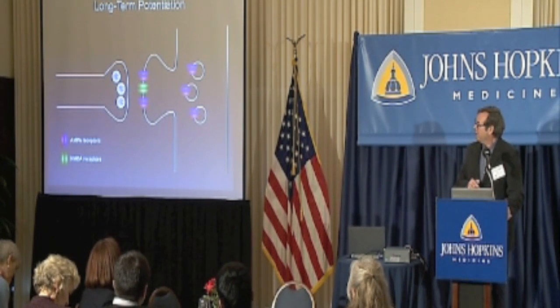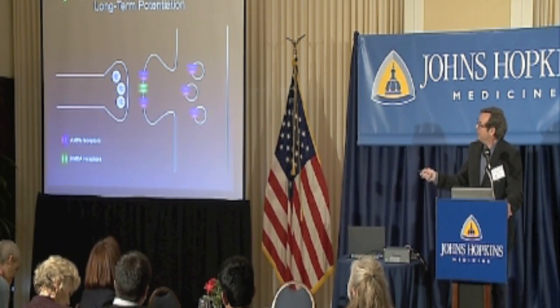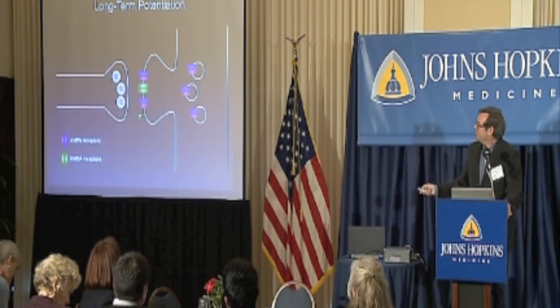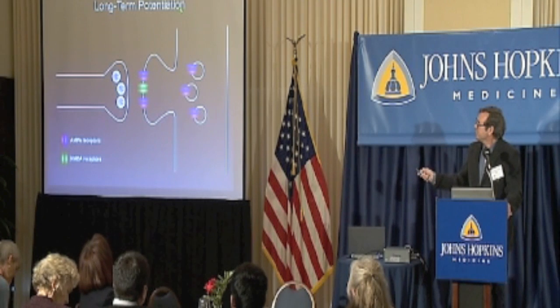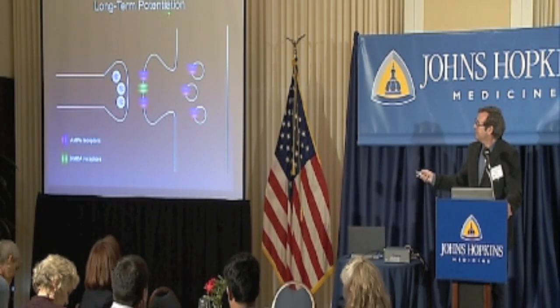So over the last maybe 15 or 20 years, there's been a lot of work from many labs, my laboratory, and actually in collaboration with David Linden, and other laboratories all over the world, that have come to a model for how these synapses are regulated during long-term potentiation. So remember, long-term potentiation is this process that strengthens synapses.